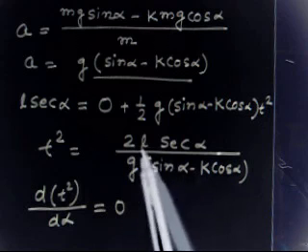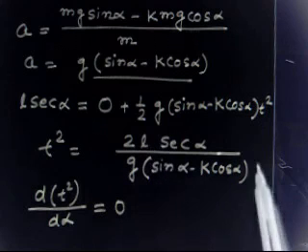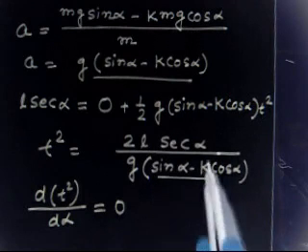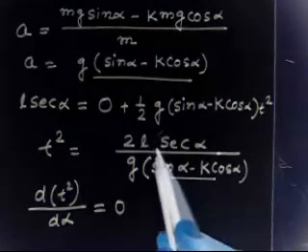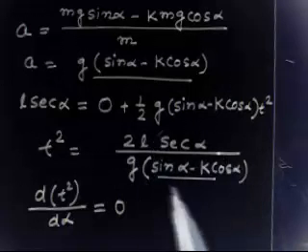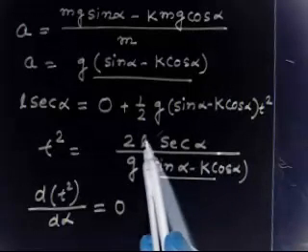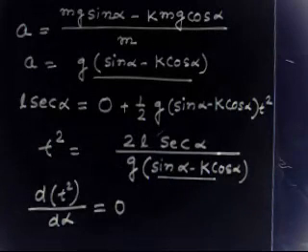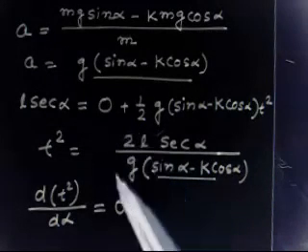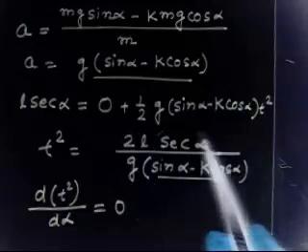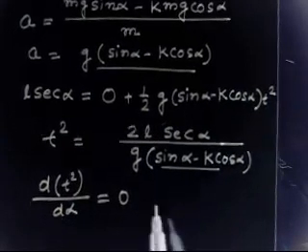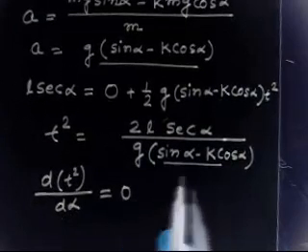This is a constant, so I can simply skip it and differentiate the remaining term, in terms of u by v.